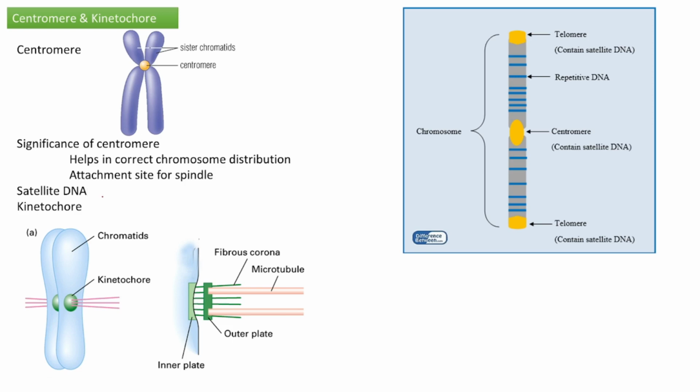For example, a sequence like A, U, T, then C, then again it is repeating. In this way a particular sequence repeats several times. Such portions in the DNA are called satellite DNA.